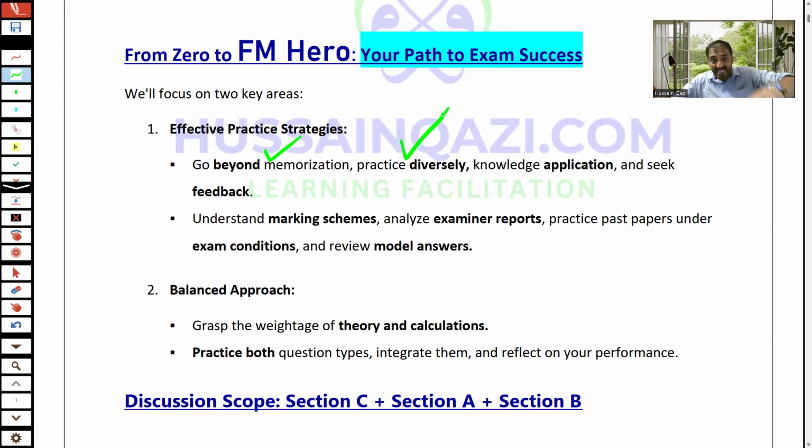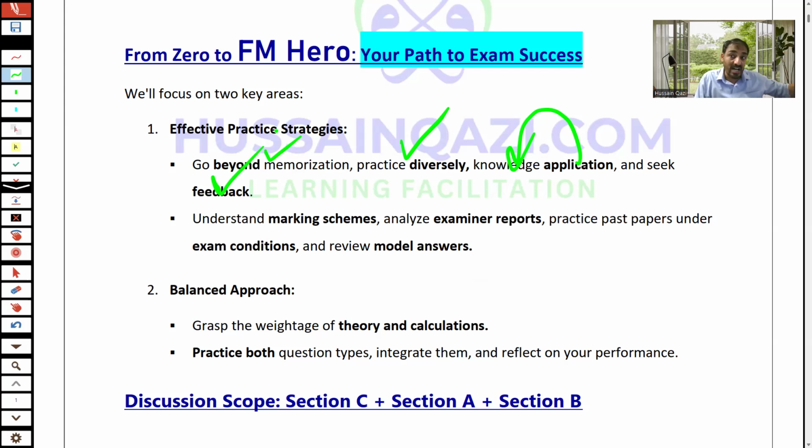Number 3, with this session, I will focus on the fact that the subject is not about knowledge, but application of the knowledge. And a very important point: once you attempt the question, you have to seek the feedback. Feedback means whenever you refer to the solution, that is your feedback.